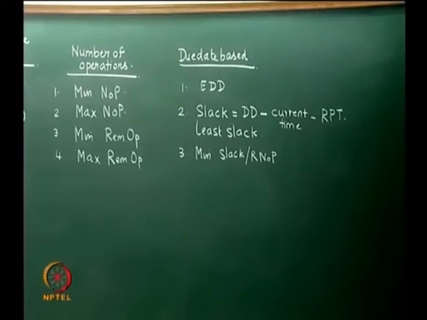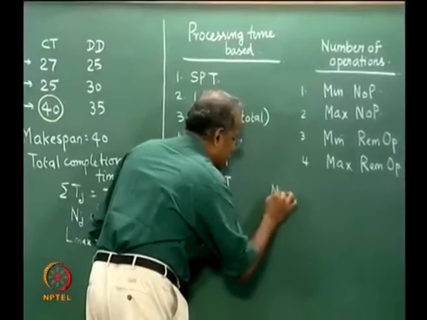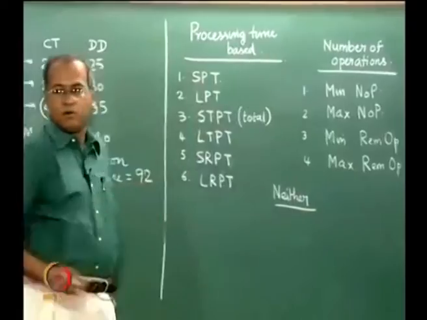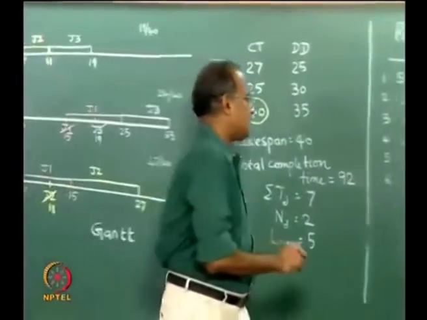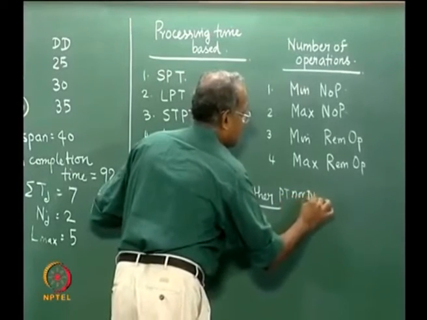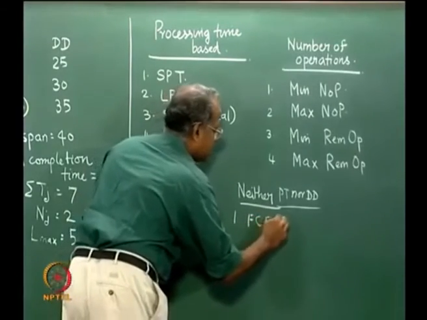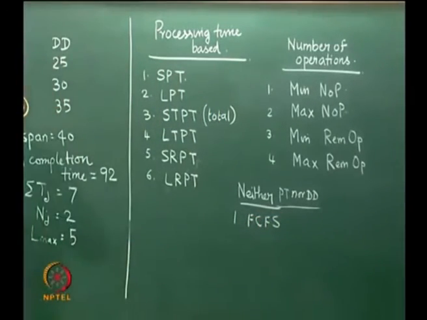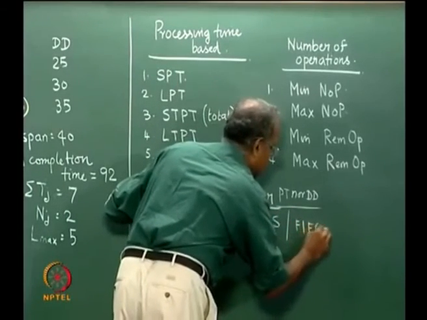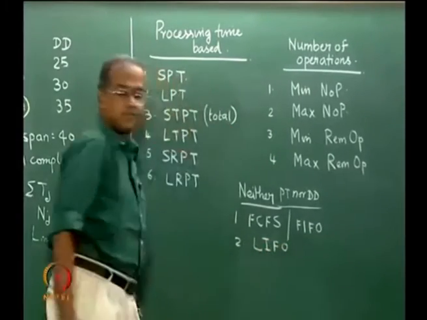Then we have a set of rules which are very common rules, which are neither processing time based nor due date based. General rules. So, first is first come first served or first in first out, they mean the same, first in first out, last in first out.